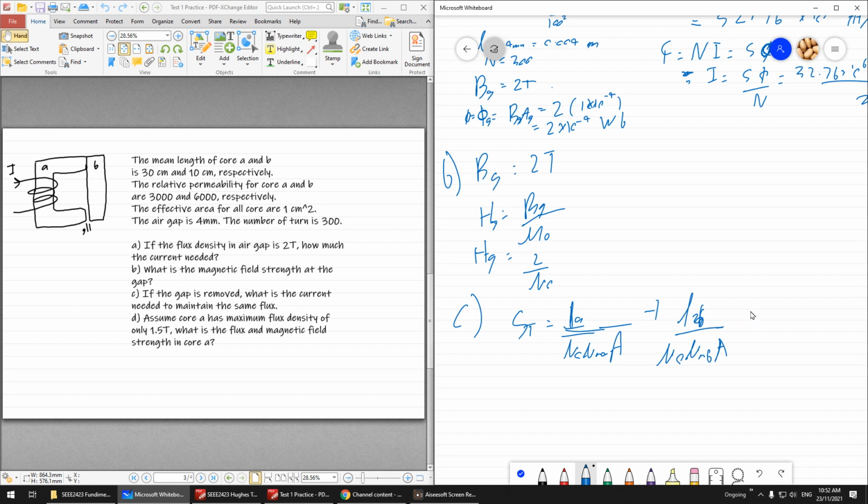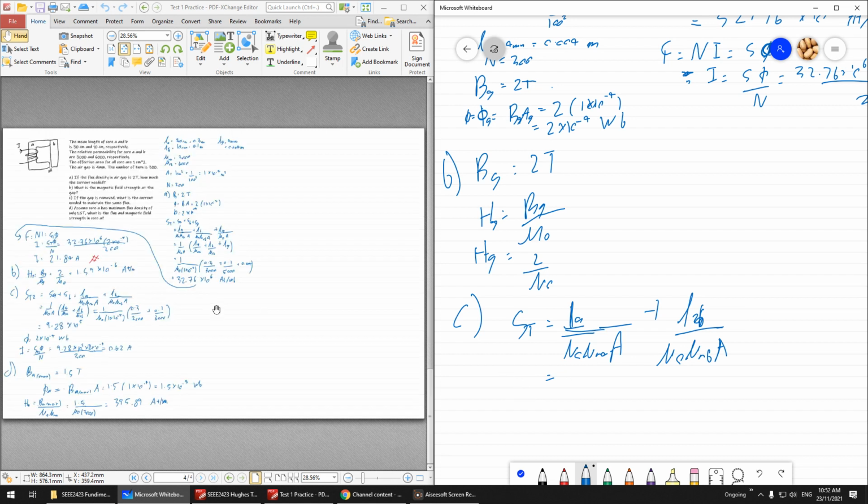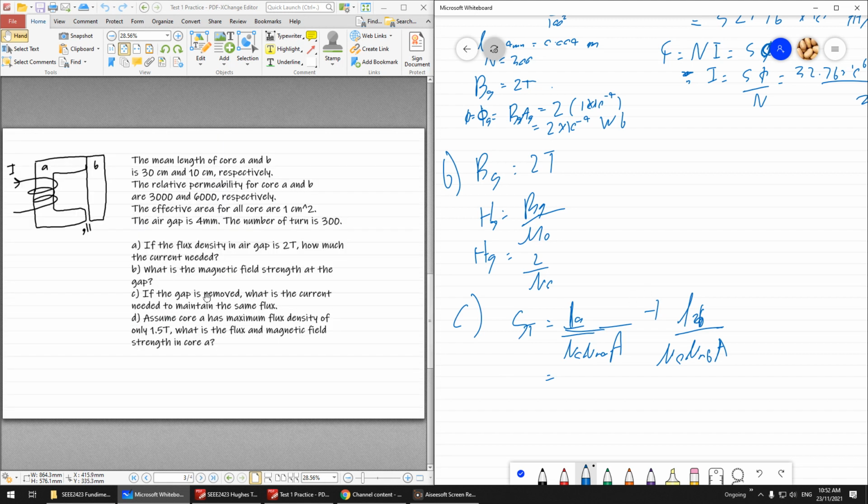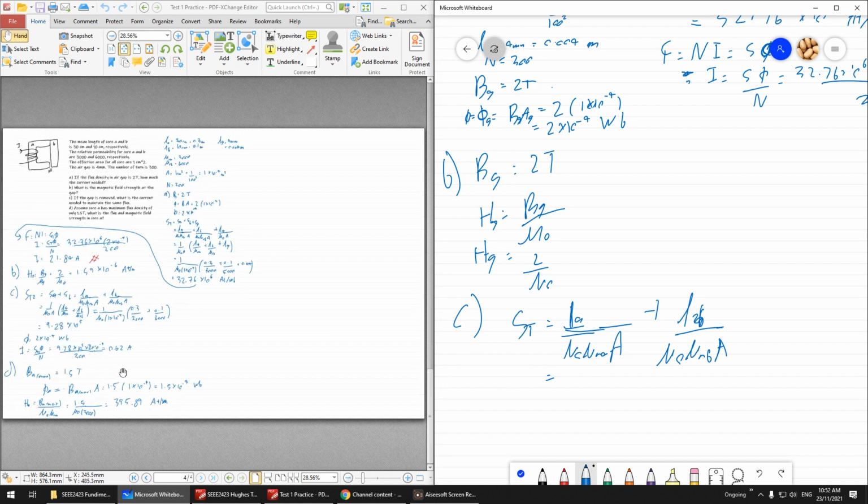So the gap is just removed. You calculate this and you get the answer here. The flux remains the same because it said that if the gap is removed, need to maintain the same flux. So you just use the same flux, and you can get the current, which is smaller.